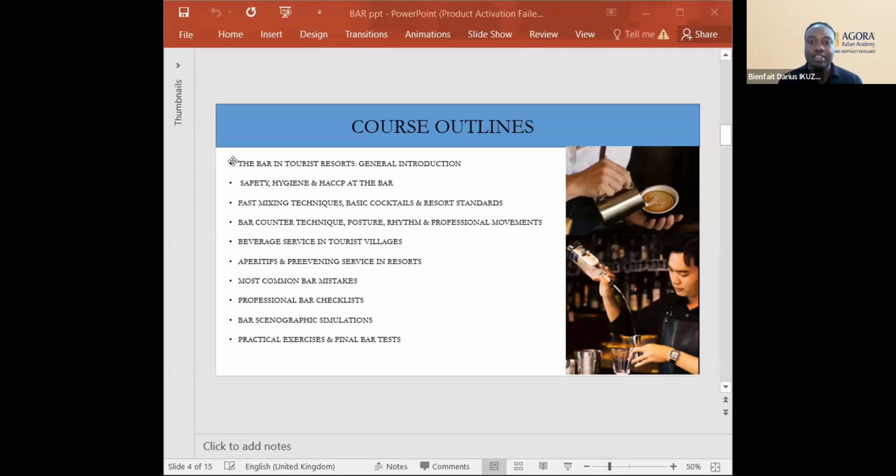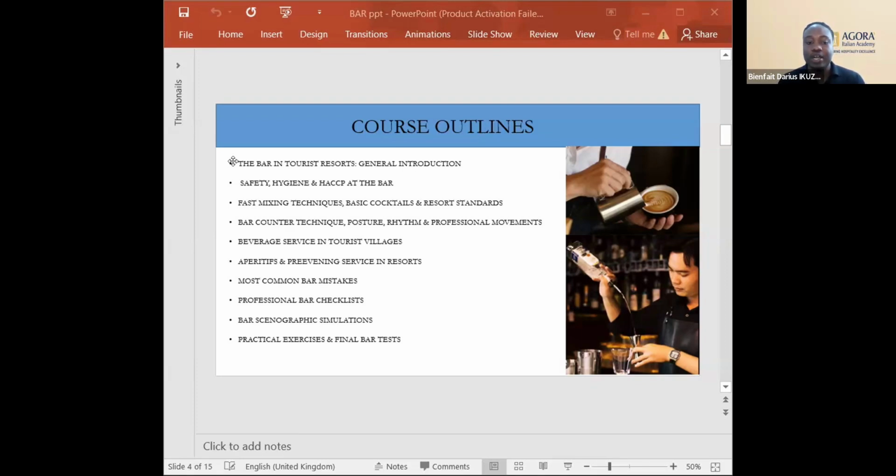The next chapter will be the beverage service in tourist villages. We get to see how to make aperitivi, what the aperitivi are, and what the basic things are that have to be present for aperitivi, let's say for pre-evening services. Then we learn about the most common bar mistakes and how to handle them.